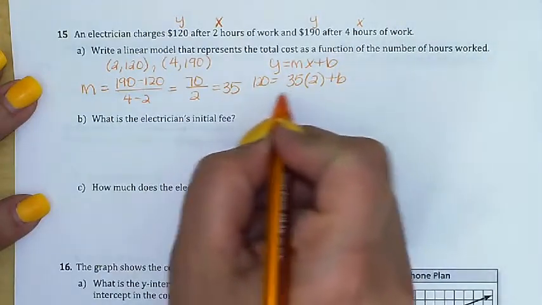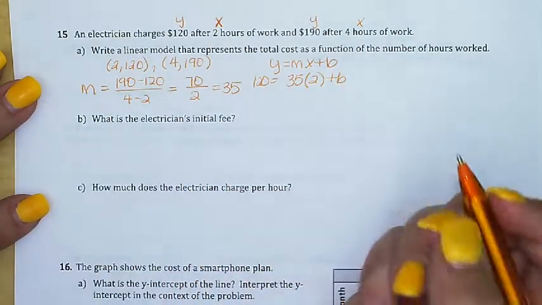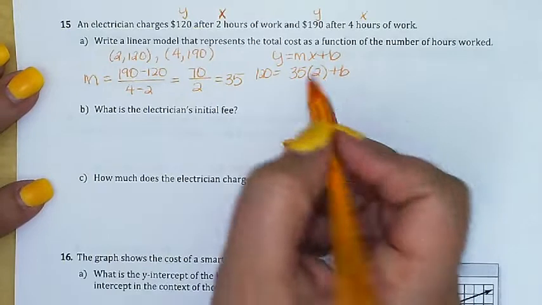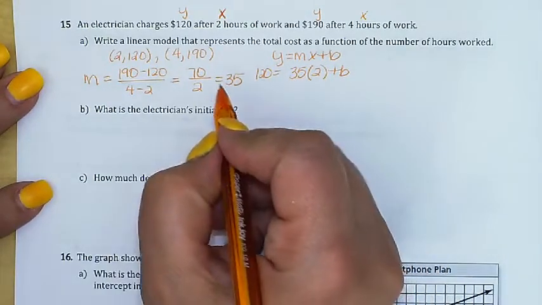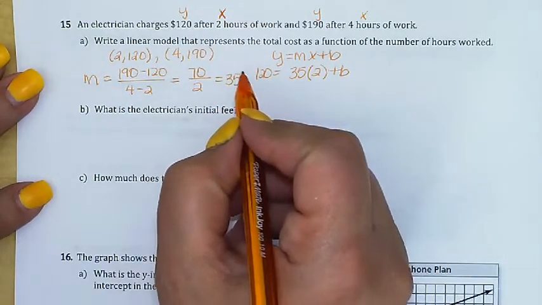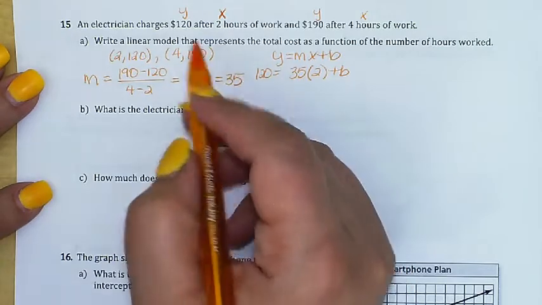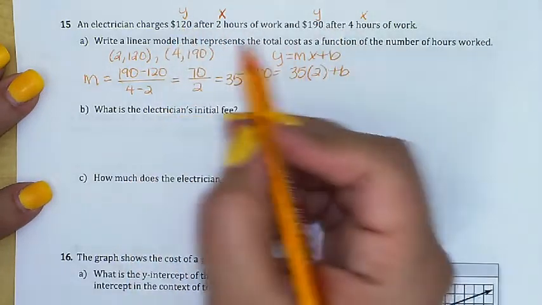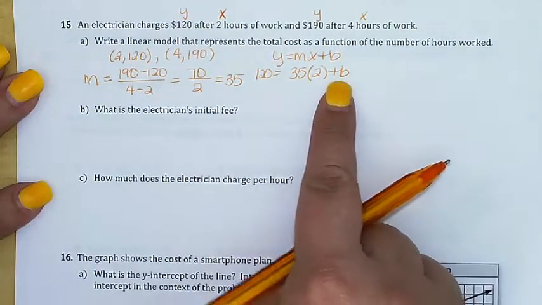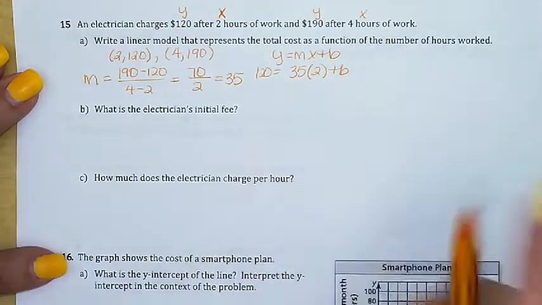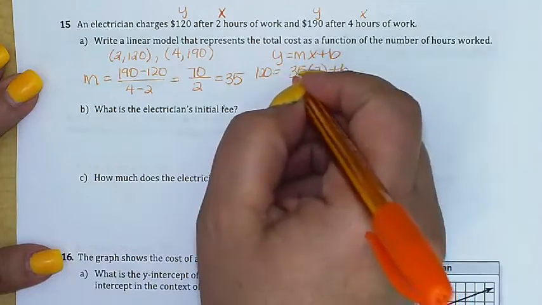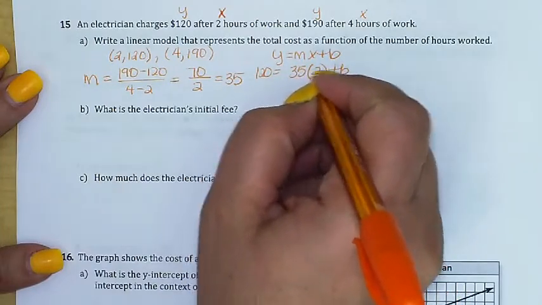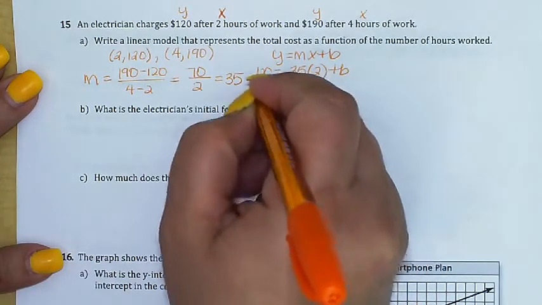And that gives us enough information to solve for the y-intercept, or the initial quantity. There must be some other initial quantity, because even though we know the rate of change is $35 an hour, we know that 35 times 2 is not 120. So there must be some other charge or fee that's being established. That's what we're finding here, okay? So let's do that. 35 times 2 is 70.